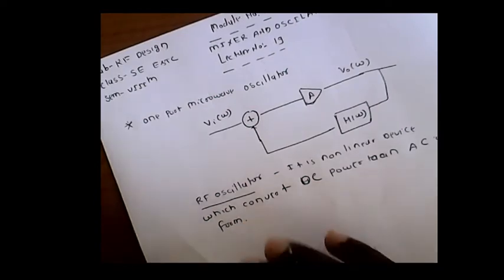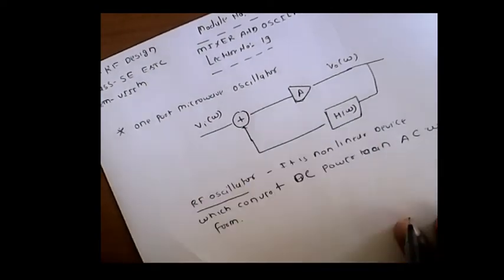Most RF oscillators provide a sinusoidal output which minimizes harmonics or noise bands. The basic conceptual operation of a sinusoidal oscillator can be described with the linear feedback circuit shown in the figure. This figure shows an amplifier with voltage gain A and output voltage V0.